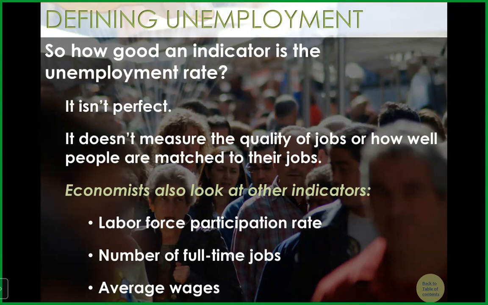These include the labor force participation rate, which I believe we understand from the simple example. They also look at the number of full-time jobs, which deals with underemployment. Last but not least, they also look at average wage. That tells us about the quality of jobs.